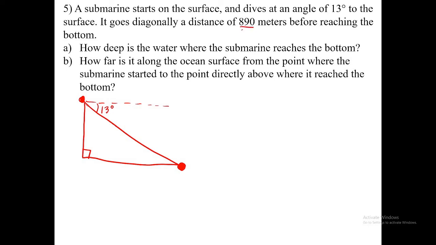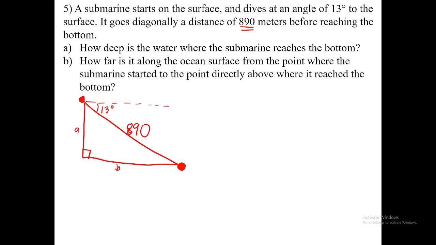Where is the 890? A, B, or C? Where do I put 890? C, sir. At C, because this is the diagonal distance. So this is 890.